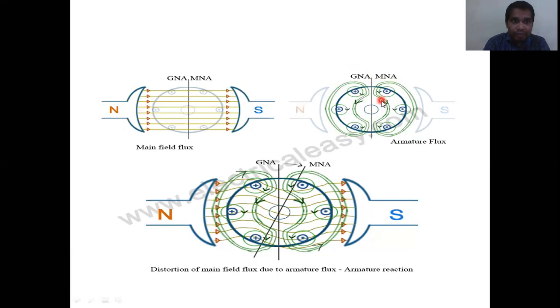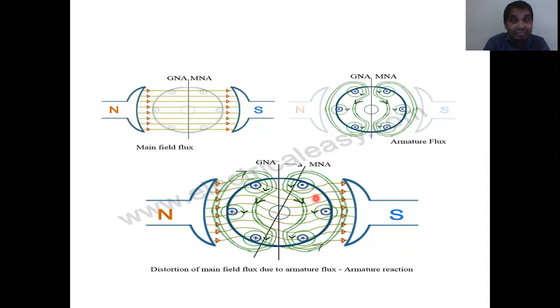So when you have energized the main flux as well as the armature flux, what happened? This armature flux will somewhere coincide with your main flux, and somewhere it will be opposite to the main flux. So it will make a disturbance to the main flux.